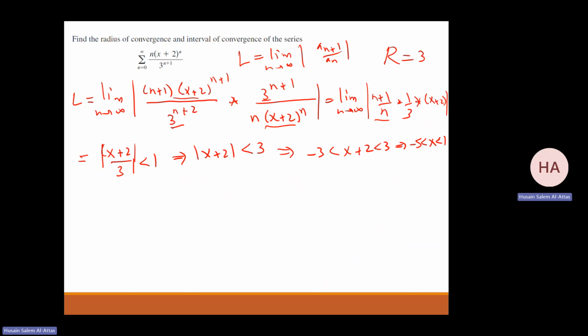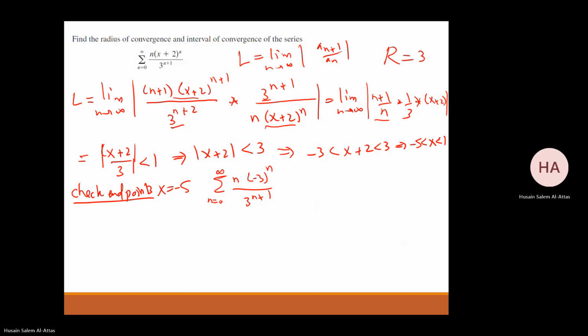Yeah. So now check the points. x equal minus 5. What will be the series? Minus 3 to the power n over 3 to the power n plus 1.